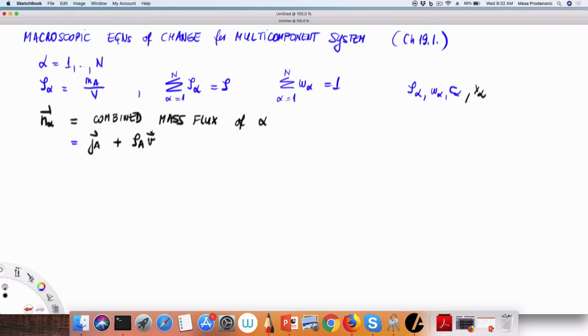Okay. And recall that my velocity is that mass average velocity. So it kind of averages all of the different species using their fractions. And the equivalent of this for molar flux is going to be uppercase.